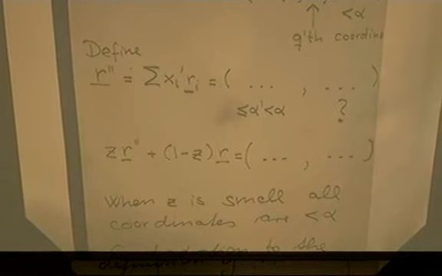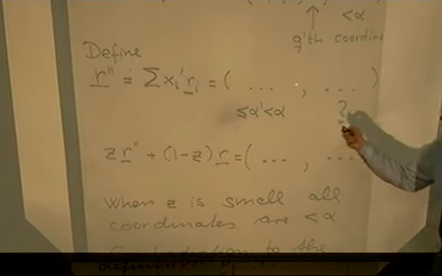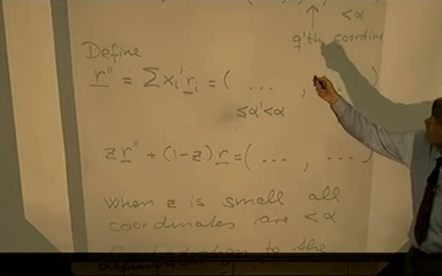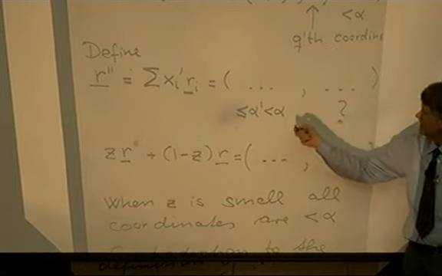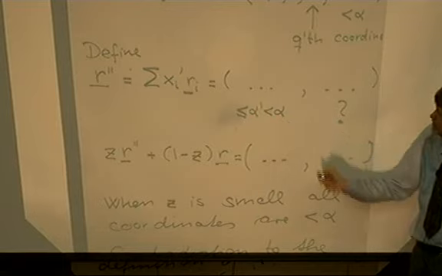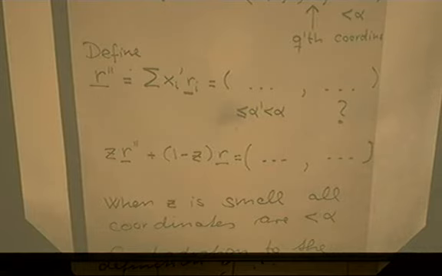Let's see what we get. Well, we know what we get on the first q coordinates, because what happens up there, we can control that, and all the entries here are smaller than or equal to alpha prime, and alpha prime is strictly smaller than alpha. So what we have here is strictly smaller than alpha.